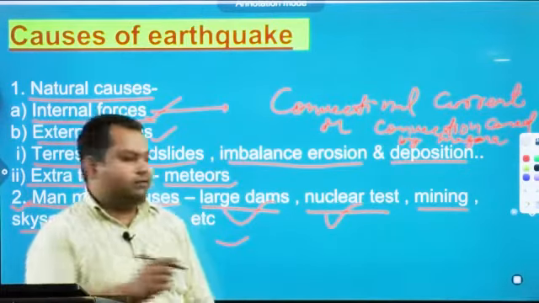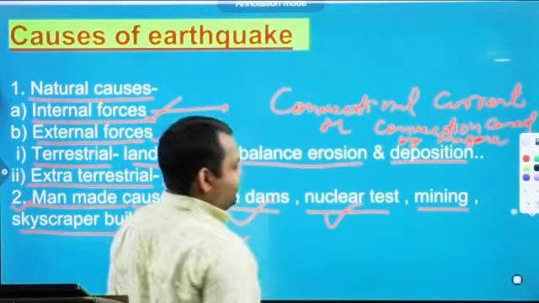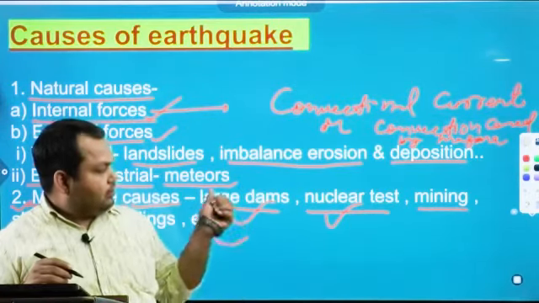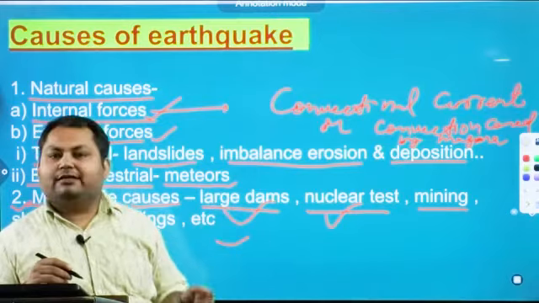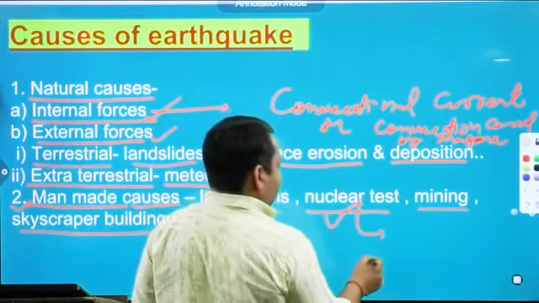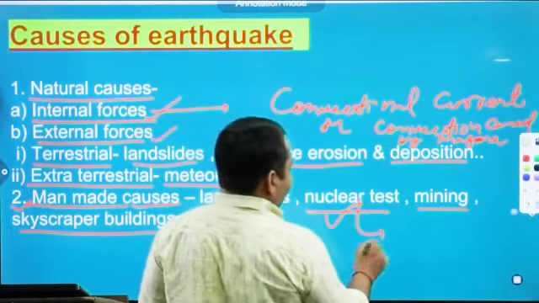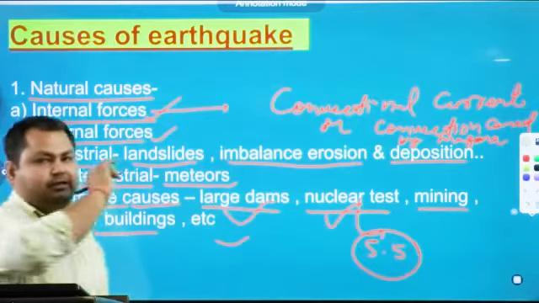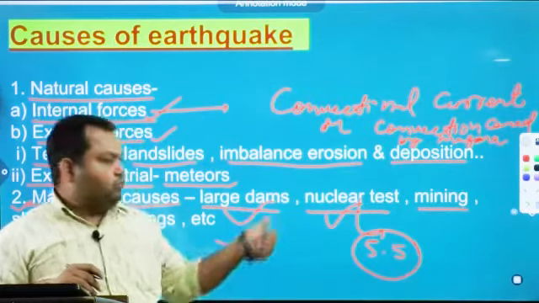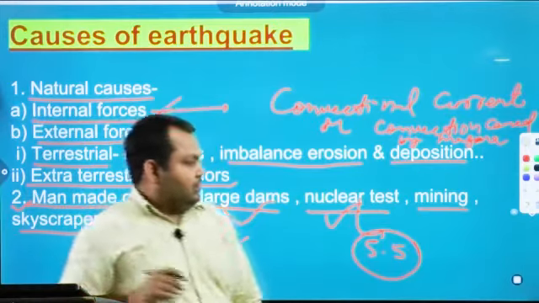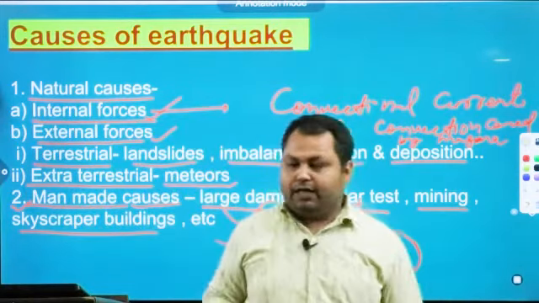In 2017, Kim Jong, the dictator of North Korea, did a nuclear test, due to which a 5.5 magnitude earthquake occurred.